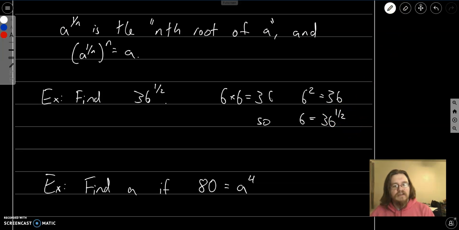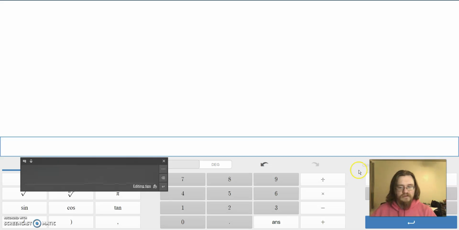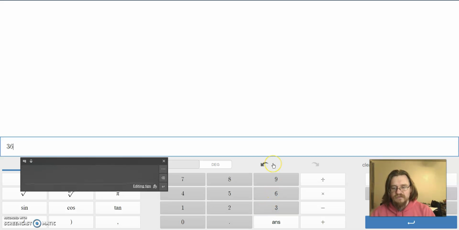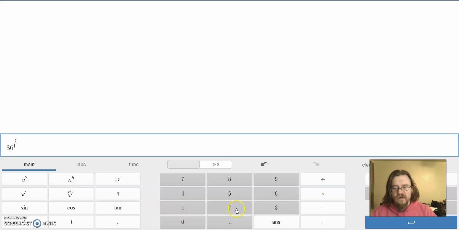And let's check with our calculator. So let's clear all. And if I take 36 and I raise it to the 1 divided by 2, so 1/2 power, I get exactly 6, which is what I said.